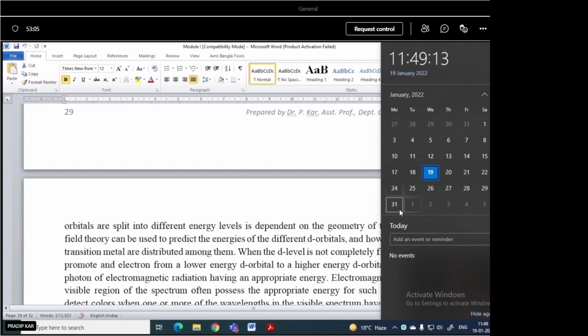The quiz for the first module is 10 marks, 20 MCQ questions from the whole module. Time allotted is 45 minutes and you have to submit within 50 minutes. Otherwise, the computer will not let you submit and you will score 0. So within 50 minutes you must submit. Time is 45 minutes.